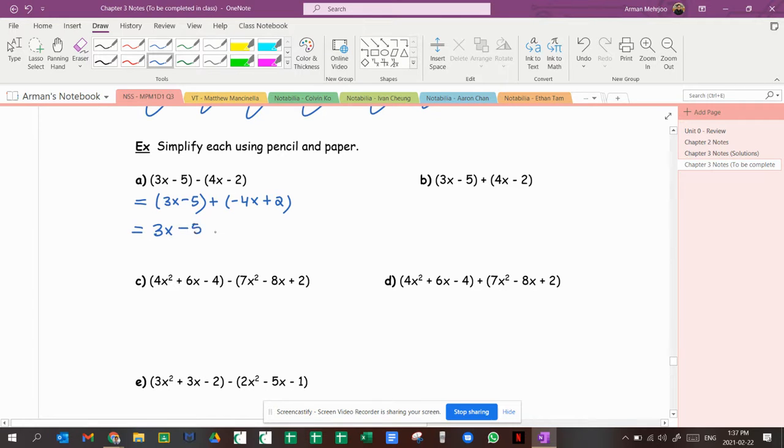Now I can remove my brackets. I can identify my like terms. I can group up my like terms, and I can simplify. So 3x minus 4x is minus 1x, and negative 5 plus 2 is minus 3.